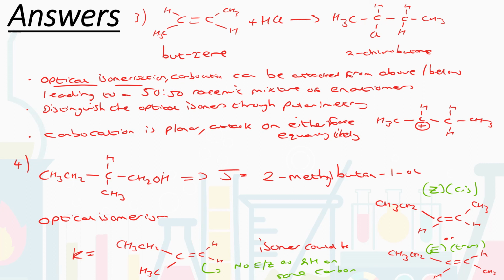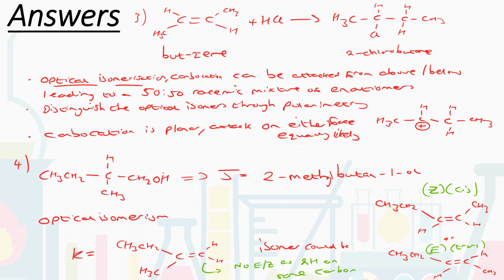The carbocation is also planar, and then in this case the Cl- can attack from either above or below the plane of that carbocation with equal probability. It's equally likely, hence we end up with a 50-50 mixture. If it wasn't equally likely, then we wouldn't have a 50-50 mixture. We might have, for example, a 70-30 mixture, and remember that's called a scalemic mixture. But if it's equally likely, as it is in this case, we have a racemic mixture, a 50-50 mixture.